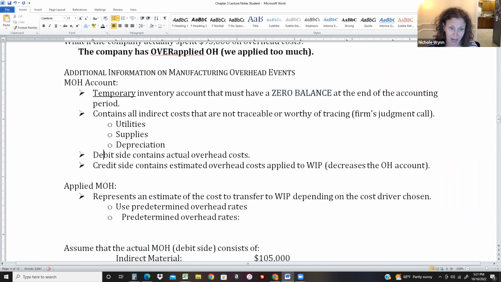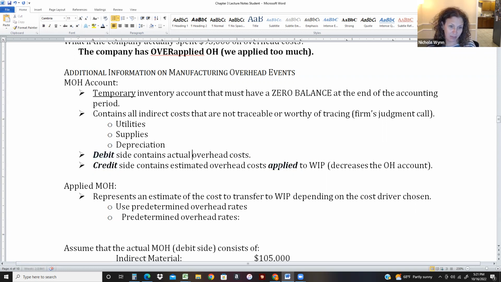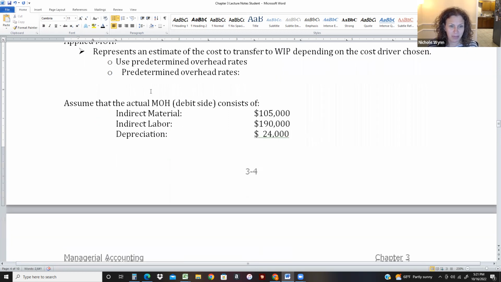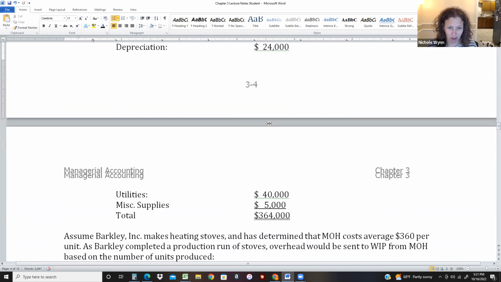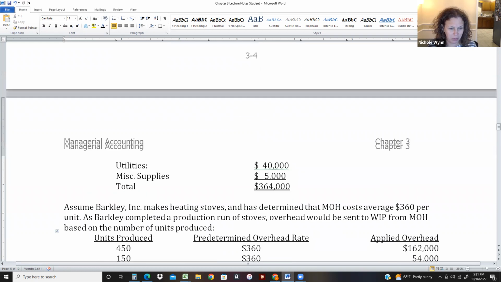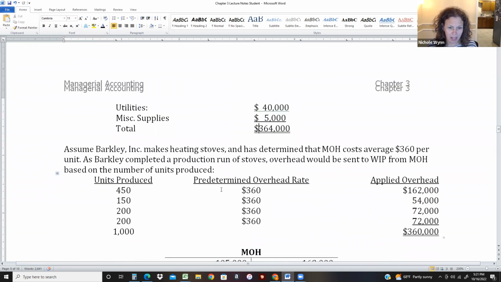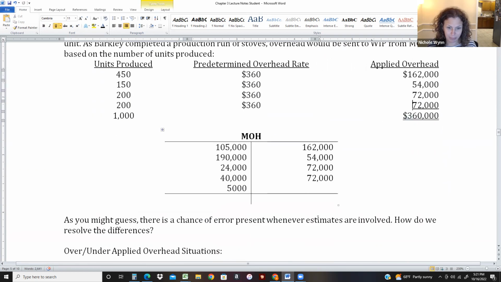On the debit side, we're going to have actual overhead. And on the credit side, we're going to have our applied overhead. Okay, so credit side is applied, debit side is actual. Okay, so if the actual side has all of these costs, and let's say it equals 364, and then our applied side has 360.